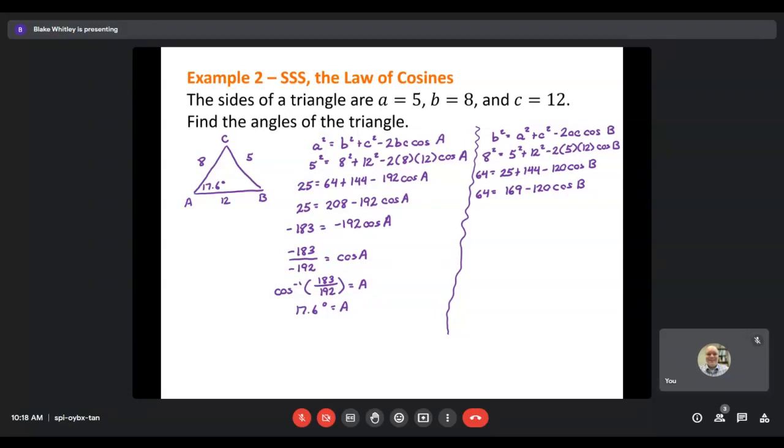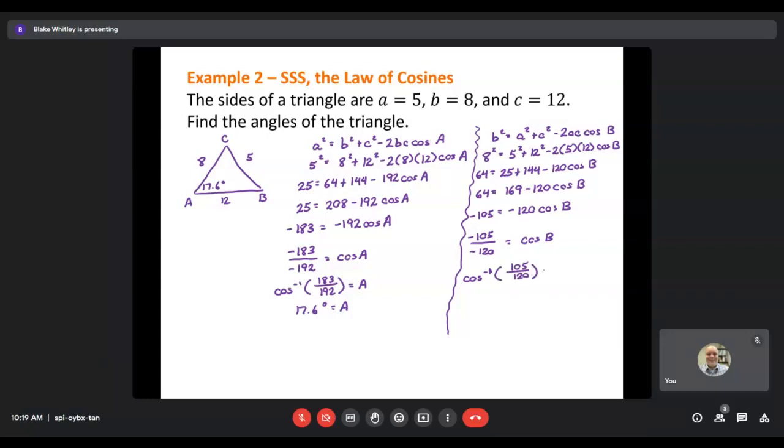Now we subtract 64 minus 169, which gives us negative 105 equals negative 120 cosine of B. At this point we can divide. So negative 105 over negative 120 equals cosine of B. And now we can use our inverse, so inverse cosine of 105 over 120.